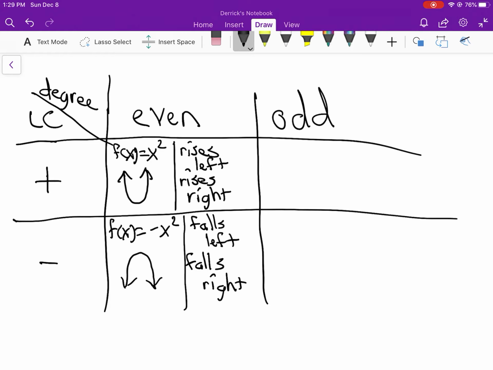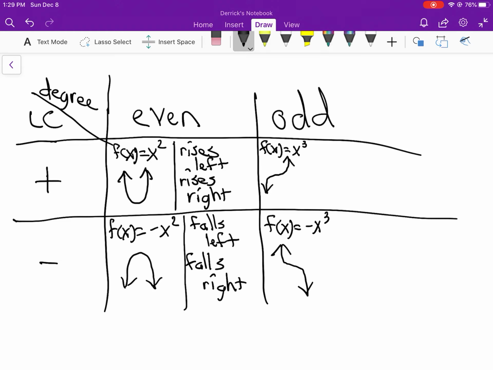For the odd functions, I guess I'd think about an x to the third probably. A positive x to the third function looks like this, whereas a negative x to the third function looks like this. You may notice, as we're looking through these, that a positive x to the third function trends up as it goes from left to right.